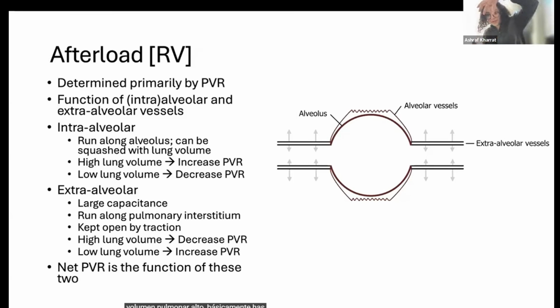That's pulling against the extraalveolar vessels, and that's decreasing their pulmonary vascular resistance because it's really opening them up. Versus if you have a low lung volume, you're kind of kinking these blood vessels, and that will increase their pulmonary vascular resistance. So it's opposing effects with lung volumes and vascular resistance determined by both of these types of blood vessel groups. And the net PVR is a function of both of those two things.